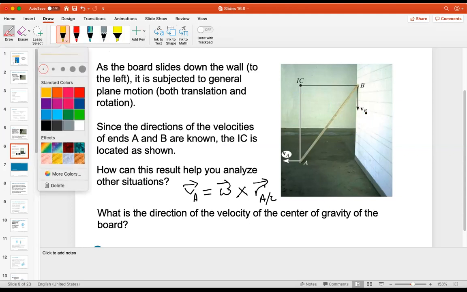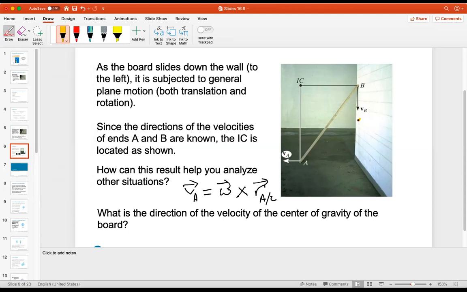If you were to plot the center of gravity, it would start out kind of lying along the wall, and then it has to end up lying along the ground, and it would follow something like this kind of a pattern. So the center of motion, which is up here, is not the center of gravity. They don't move in the same way. Okay, so that's kind of an interesting observation.